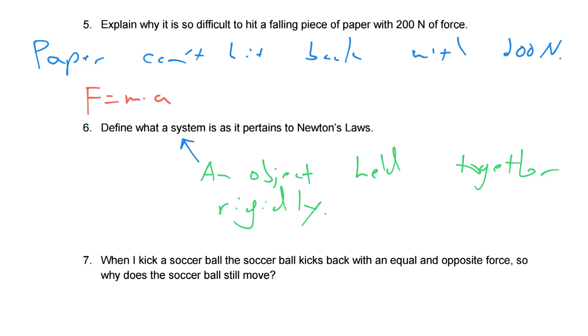So if it's held together with rope, that doesn't really count as rigidly. It has to be an object that's like screwed together or nailed together. One block connected to another block with a rope in between can't really be a system because I can move one side of it without the other side all moving together. So it moves together.